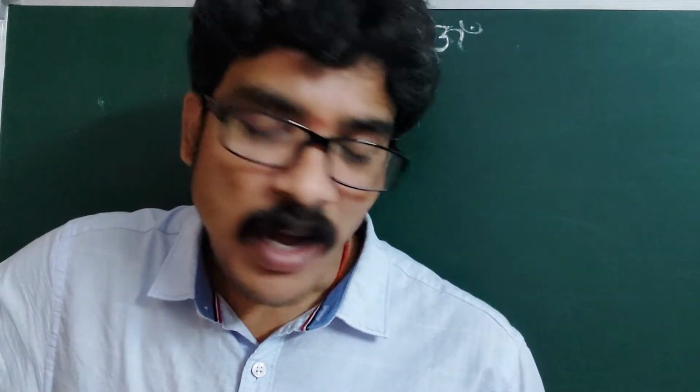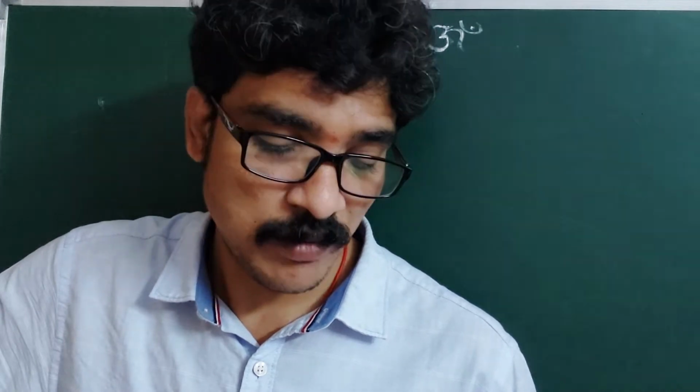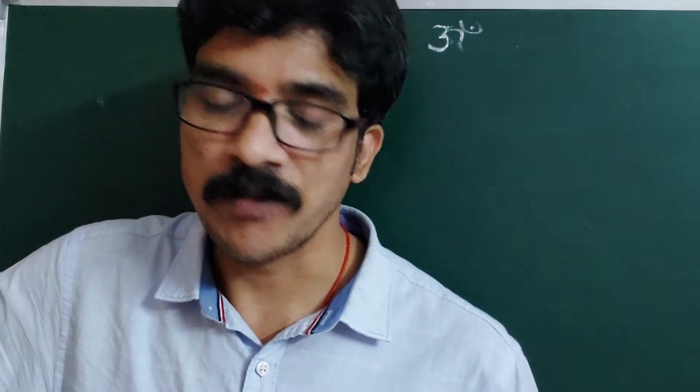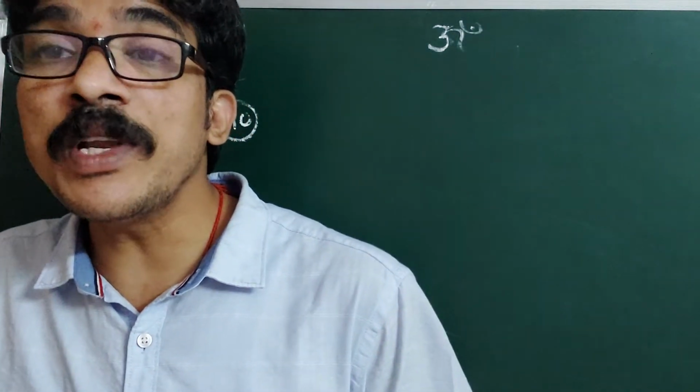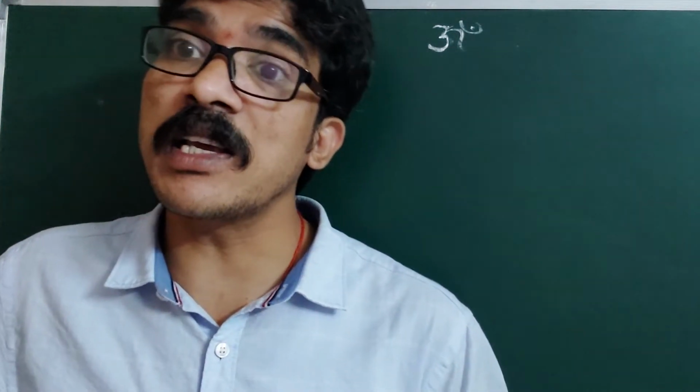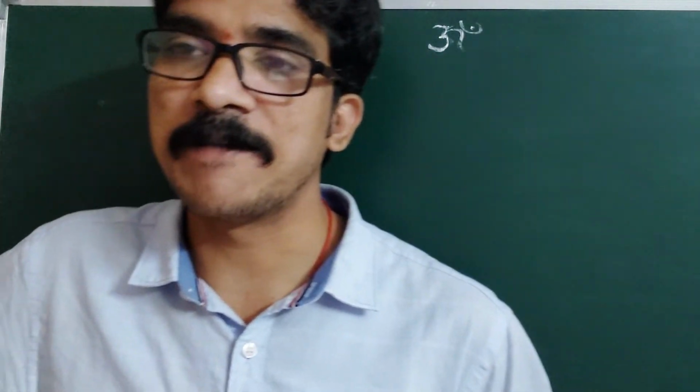Next, second question. A carbohydrate which, on heating with concentrated H2SO4, forms a product. That product reacts with bromine water and gives gluconic acid. We know gluconic acid, glucaric acid and saccharic acid exist.